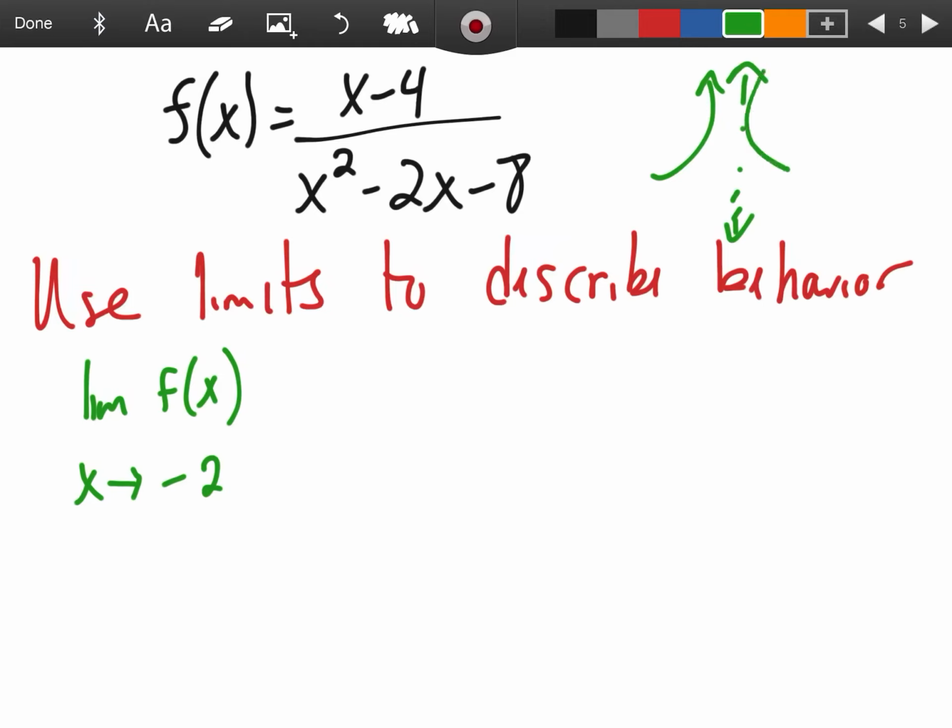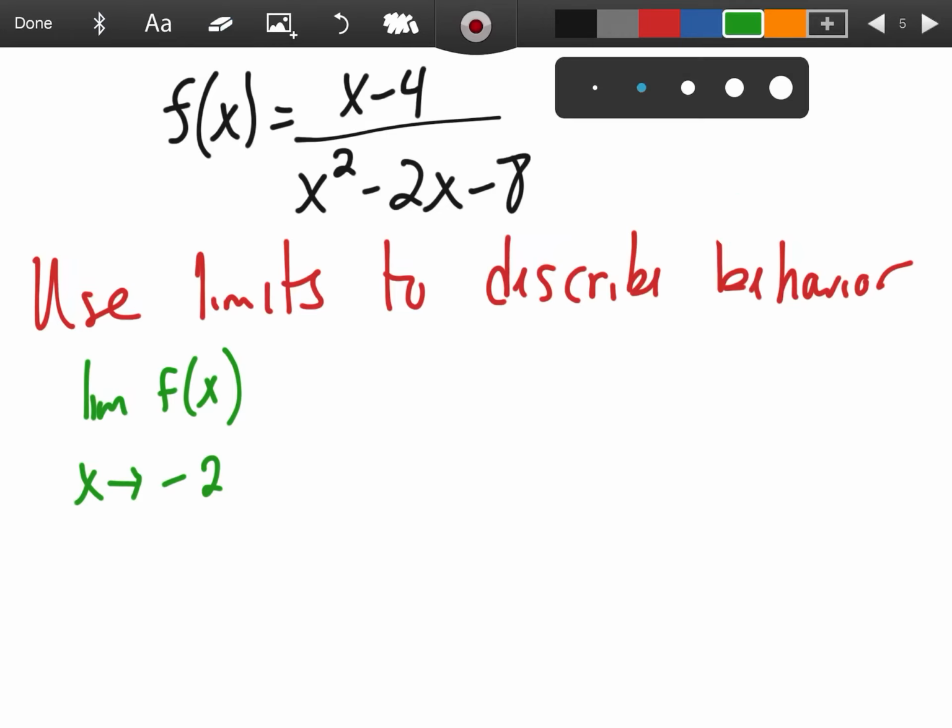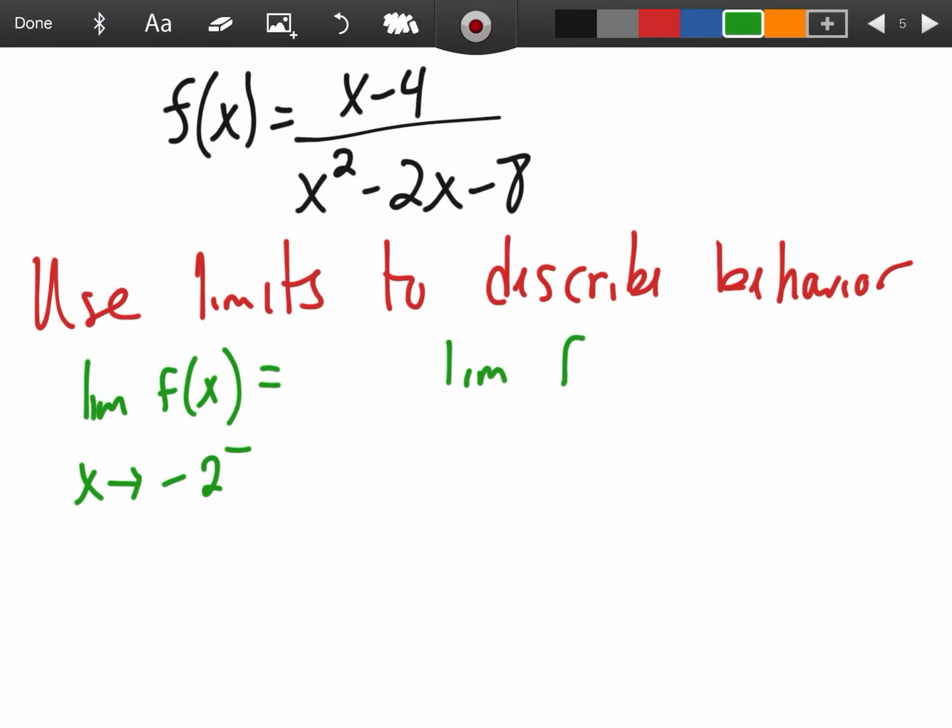Is it always going to go to the same value on each side? Sometimes it does, but not all the time, and we can't just assume. So we need to specify what happens as we approach that infinite discontinuity at x equals -2 from the left, and what happens as we approach it from the right.